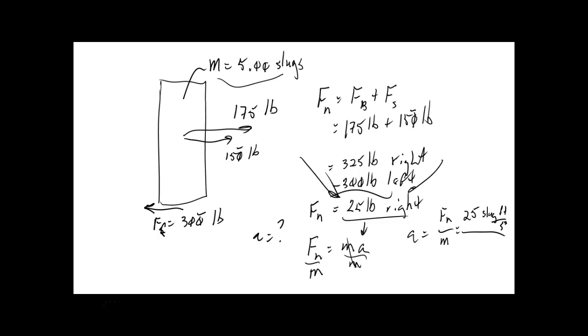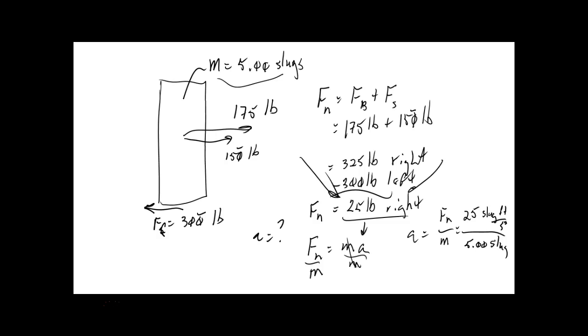Say 25 slug feet per second squared, that's what a pound is, divided by 5, and it's 5.00 slugs. Now here's something we haven't done here, and maybe it's a good idea. Notice when we added the two together, we had 175 pounds and 150 pounds, with the zero being significant.